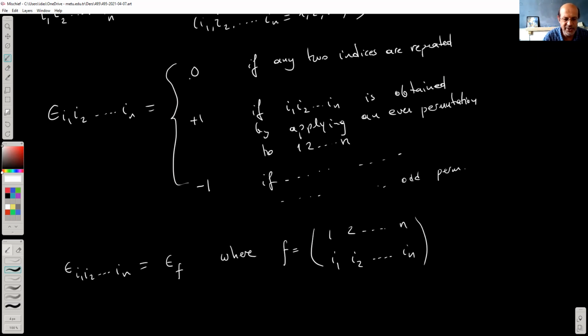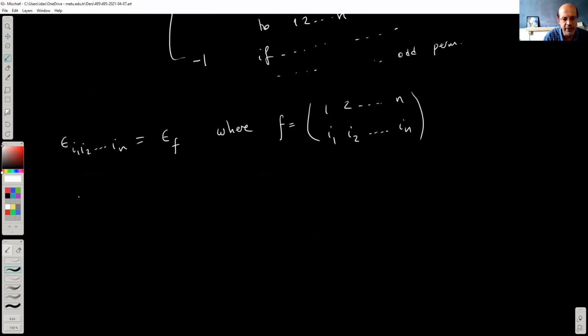So the Levi-Civita tensor is a little bit more than a signature, but when it is non-zero, it is equal to the signature of some permutation. You can then find the signature using that rule. For example, epsilon 1 to n is equal to +1, by definition, because this corresponds to the identity permutation.